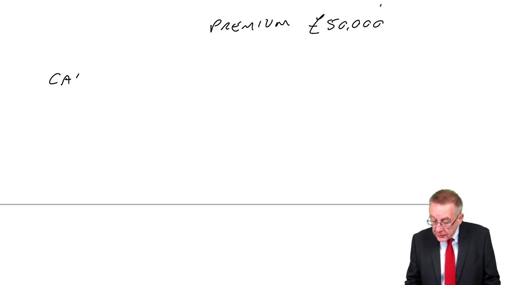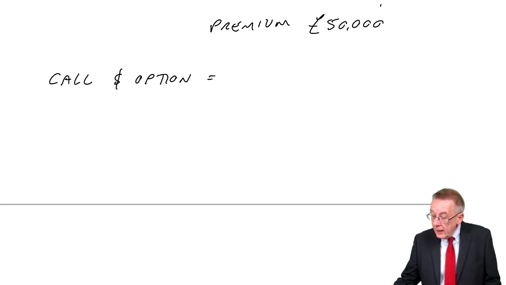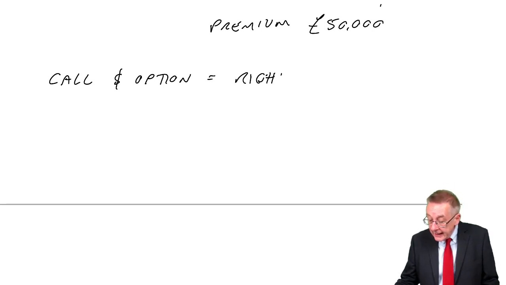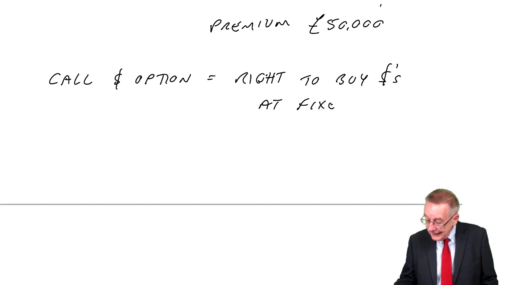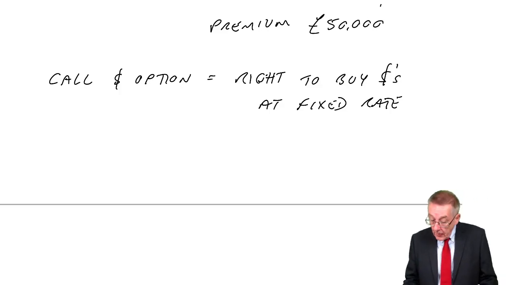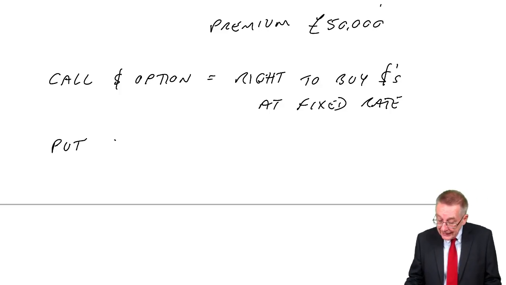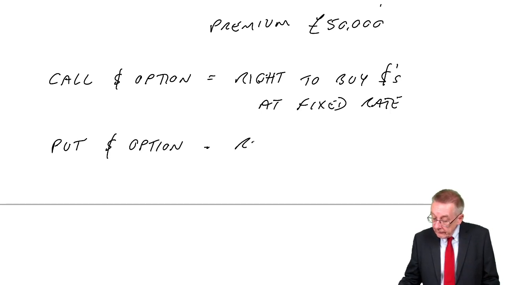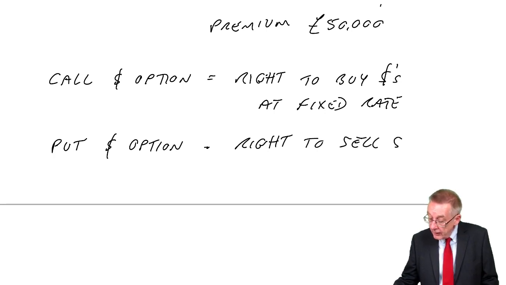A call option, a call dollar option, is the right to buy dollars at a fixed rate. On the other hand, if I wanted the right to sell dollars at a fixed rate, we call it a put option. So a put dollar option is the right to sell dollars at a fixed rate.